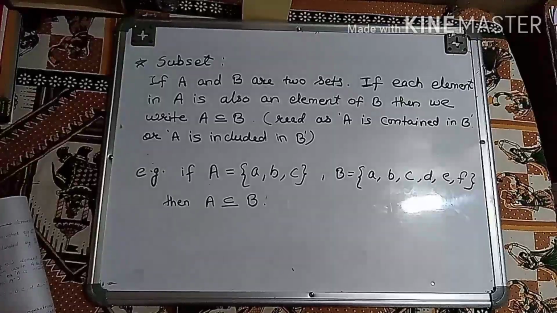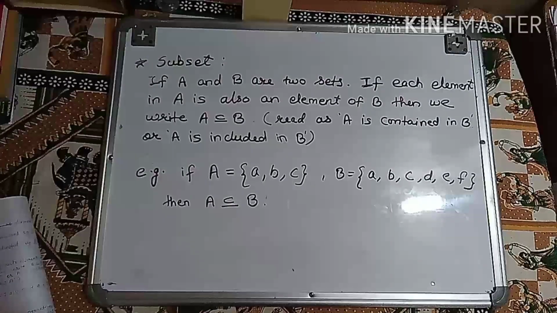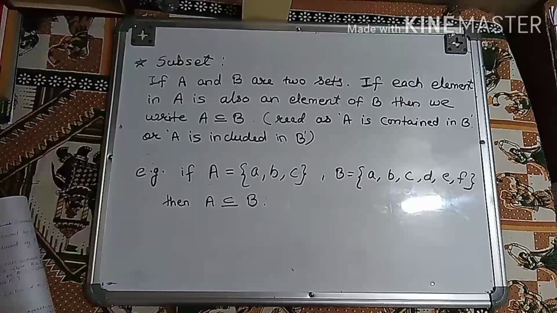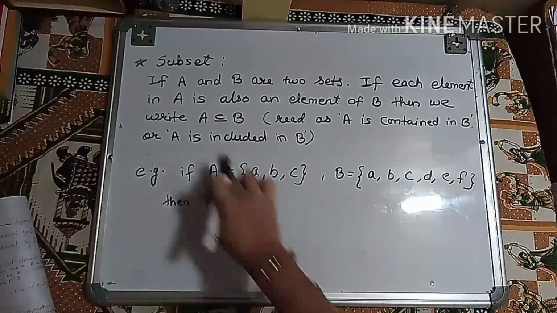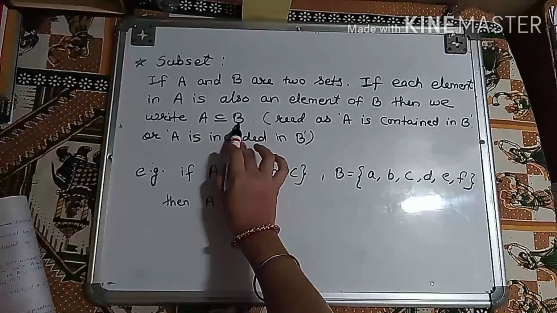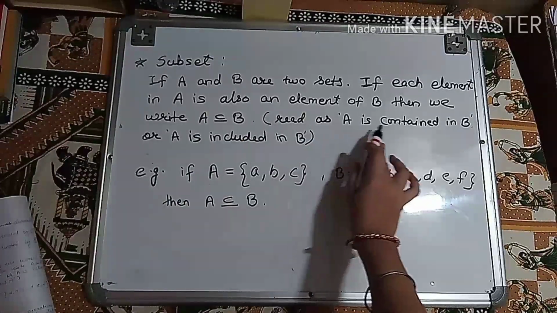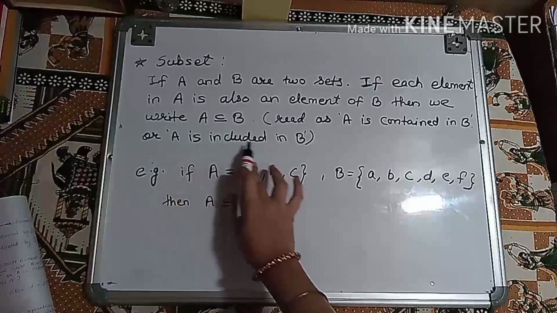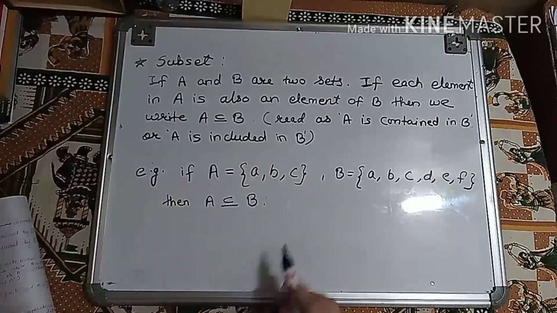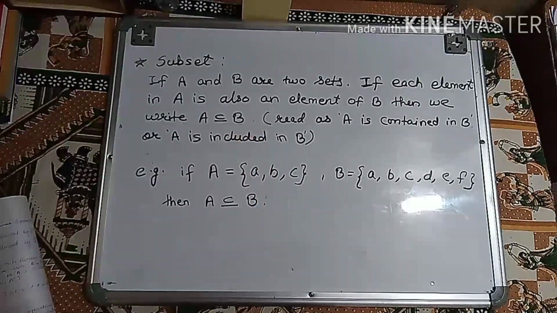Now, next definition is subset. If A and B are two sets, if each element in A is also an element of B, then we write A is a subset of B. We also read it as A is contained in B or A is included in B and denote with this symbol.